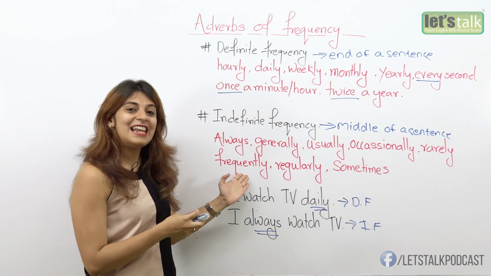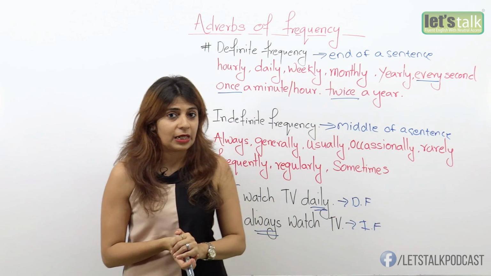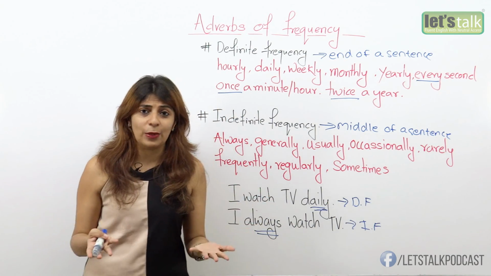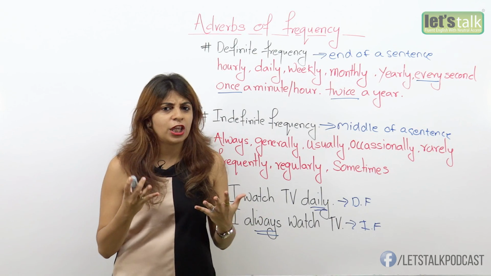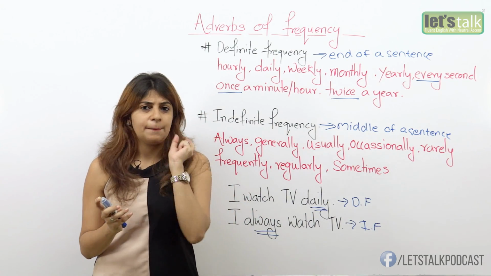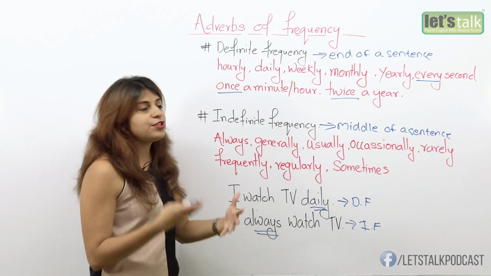Let's have a look at another indefinite frequency adverb, which is frequently. So I visit my parents frequently. So I'm not talking about the exact day. I'm not talking about a particular time that I visit my parents. So it's just frequently.